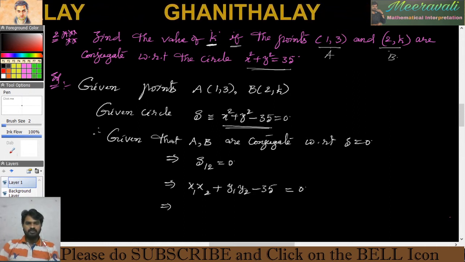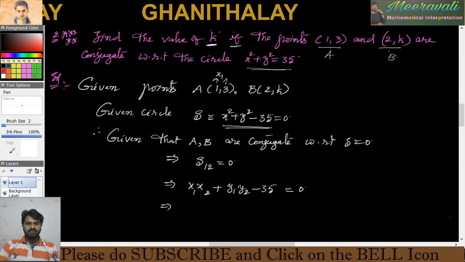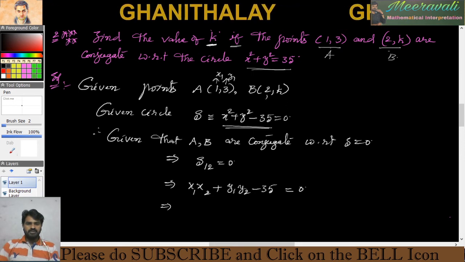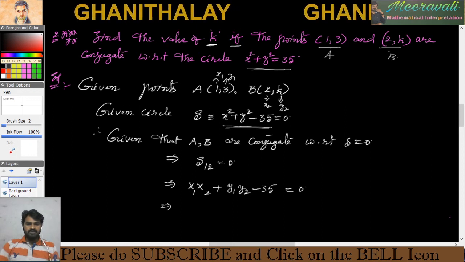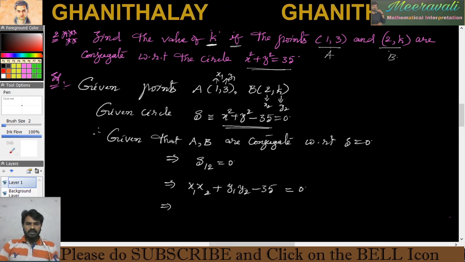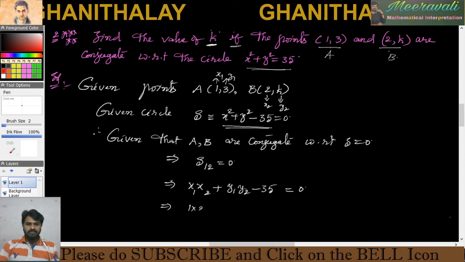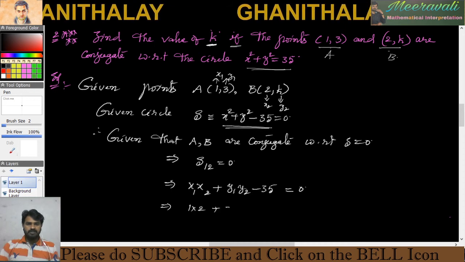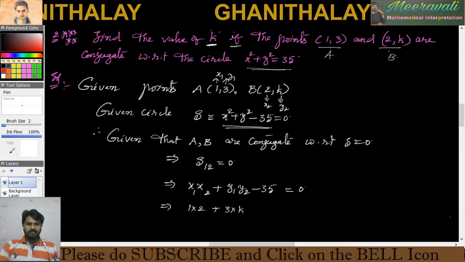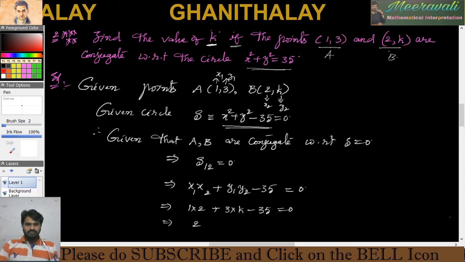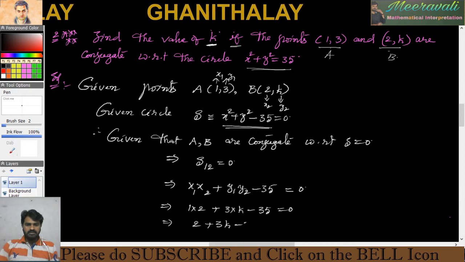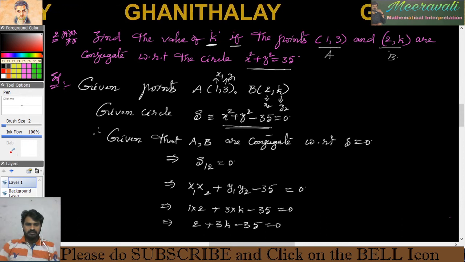Now you have to write this is x1, this is y1, this is x2 and this one is y2. Now put in this equation carefully here. X1 means 1 into x2 means 2, plus y1 means 3 into y2 means k, minus 35 is equal to 0. Now 2 plus 3k minus 35 is equal to 0.